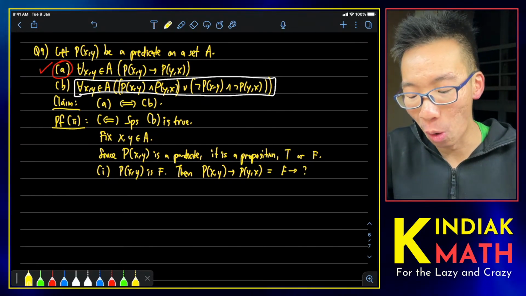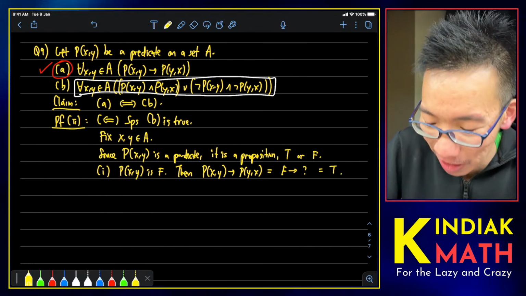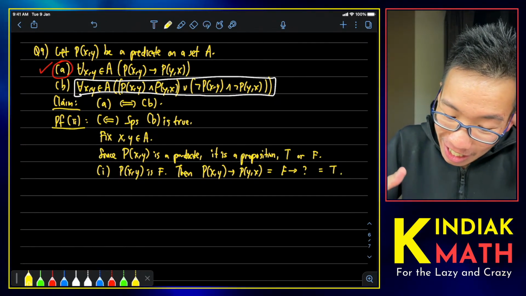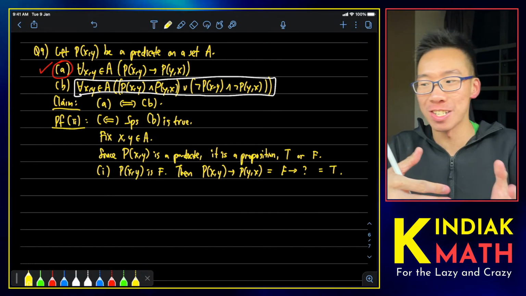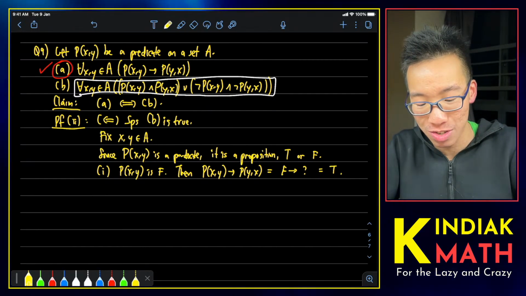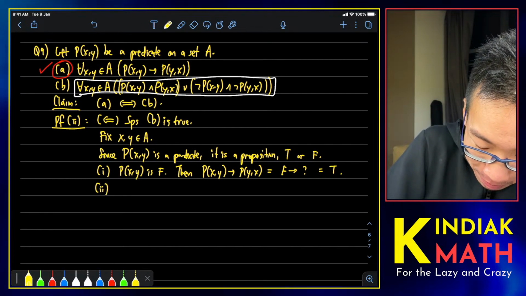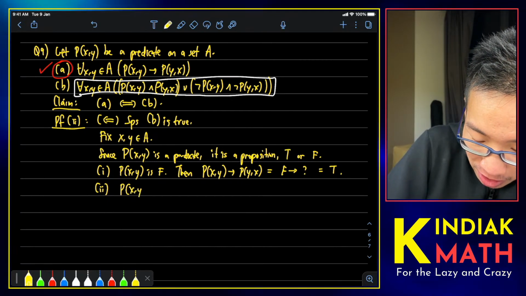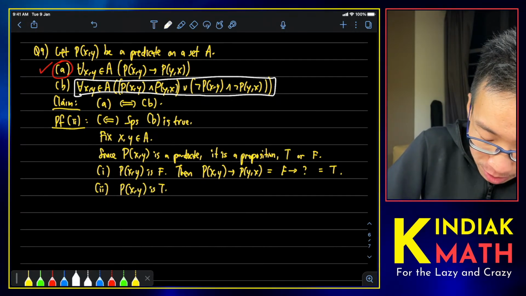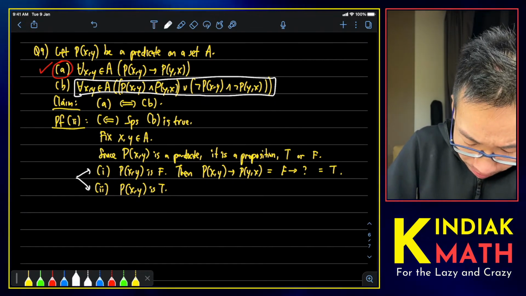Once again, no one cares. It's going to be automatically true because nobody cares, right? I forgot that it's actually an implication statement. So actually, we just need to assume that Pxy is true. So now let's do that. Suppose Pxy is true. These are our two different cases we have to deal with.